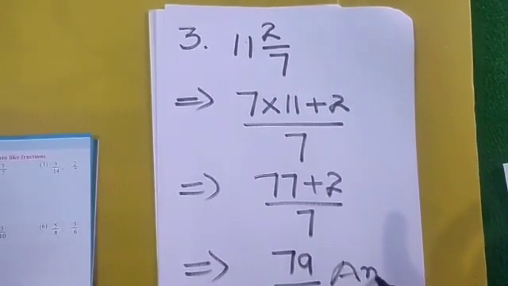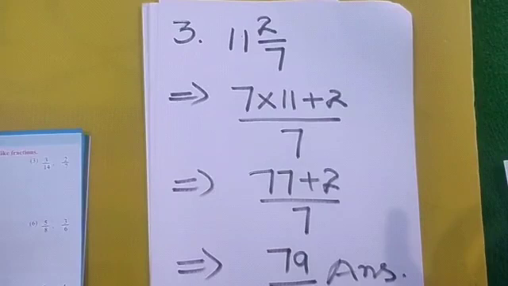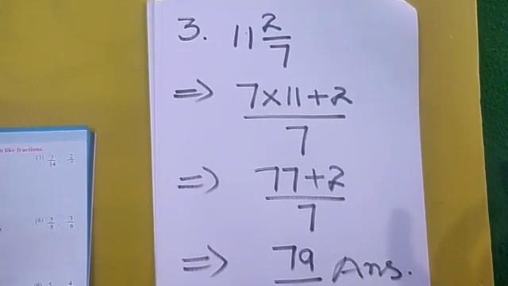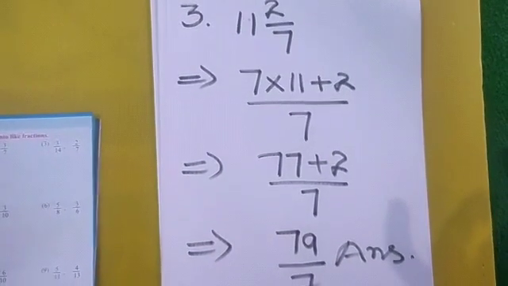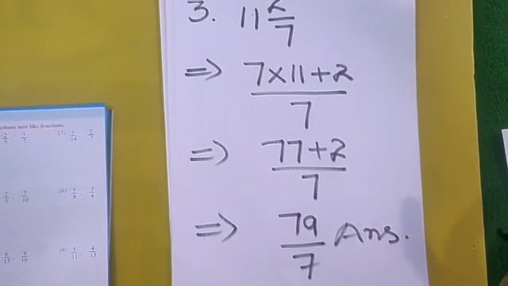So 11 whole 2 upon 7 is equal to 79 upon 7.